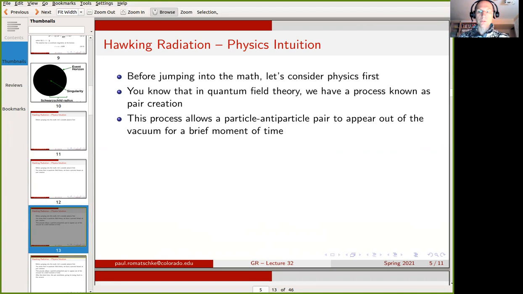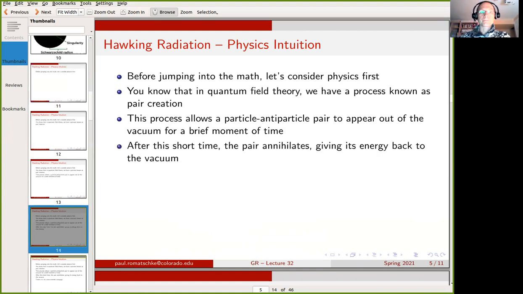And you can borrow that energy for a brief moment of time, delta t, such that the product of energy and time is basically limited by h bar over 2. So the larger the energy that you borrow, the shorter the time is that you can borrow the energy from the vacuum.